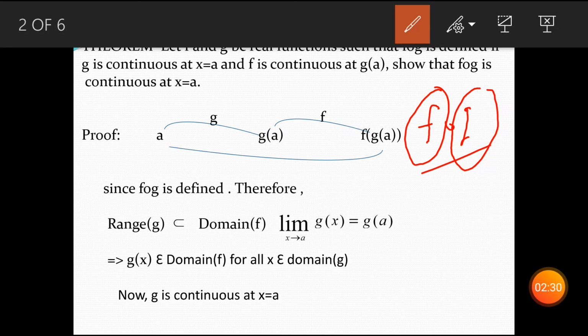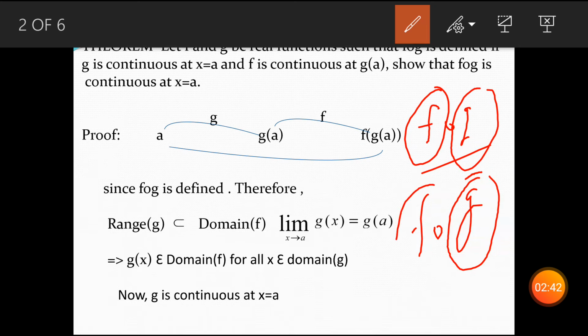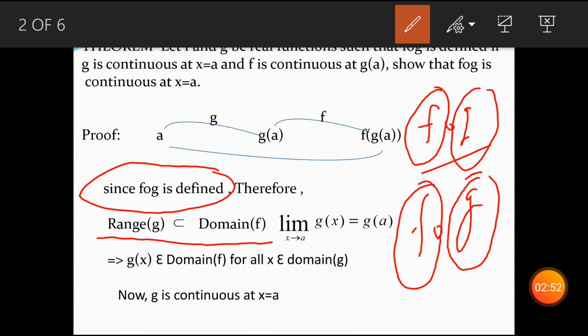Again, listen to it: whenever we write a composition like f of g, the range of the latter function is a subset of the domain of the former function. This is what we have written here: on the basis of f of g being defined, the range of g is a subset of the domain of f.